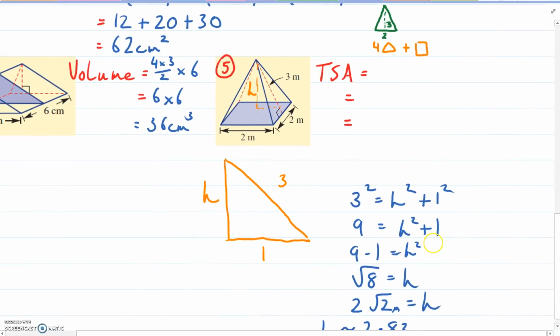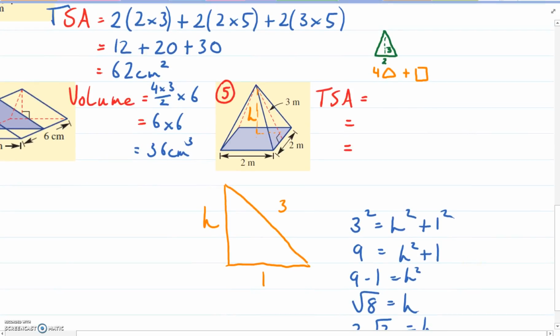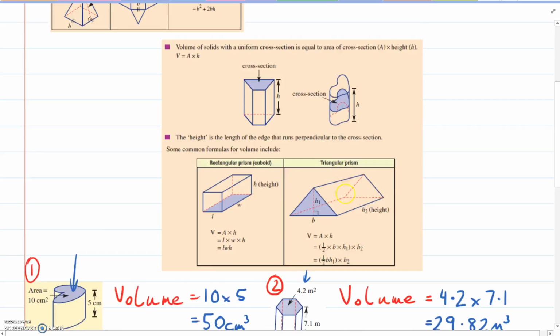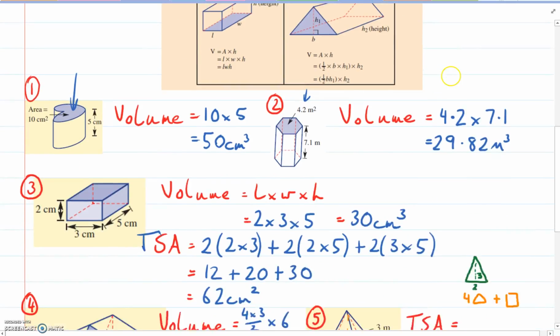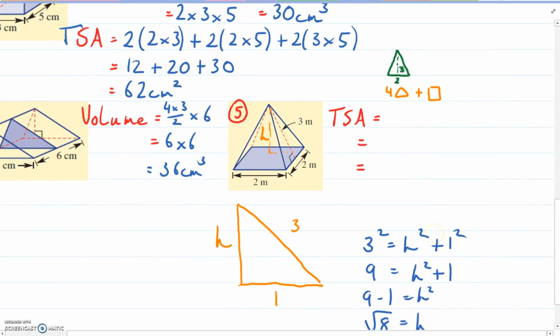Alright, question 5. This is a little tricky. We're talking a square-based pyramid. We've got formulas as well, so you can use this one here if you're looking at the slant height and the base squared. But another way to think of it is if we've got 4 of these triangles making up this shape and then one base, which is the square, we can do 4 times the triangle, which is 2 times 3 over 2, plus the base, the square, which is 2 squared.